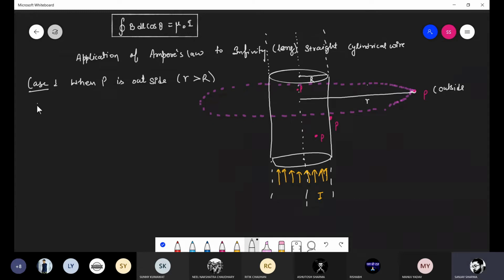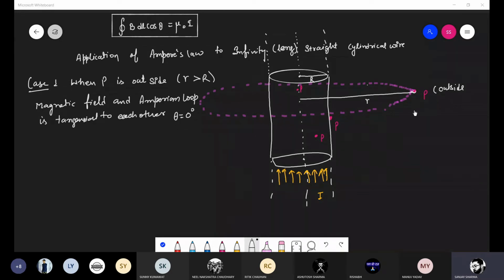So keep in mind the magnetic field and Amperian loop are tangential to each other. When tangential to each other, it means angle theta is equal to 0 degree throughout the loop.